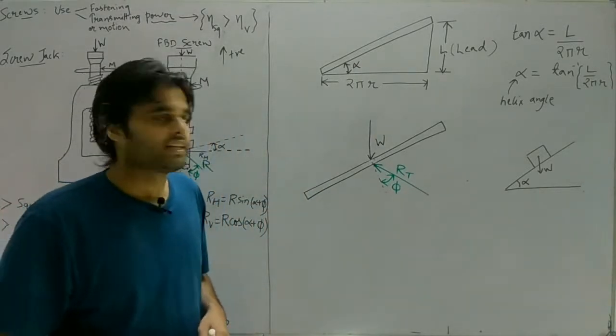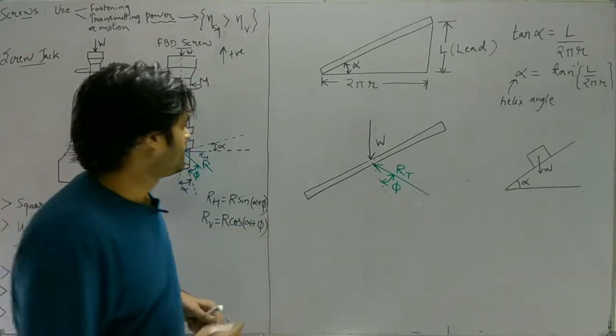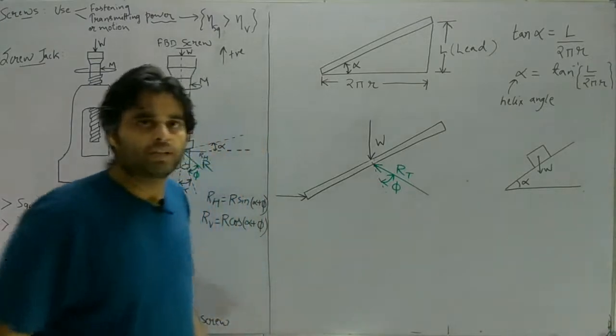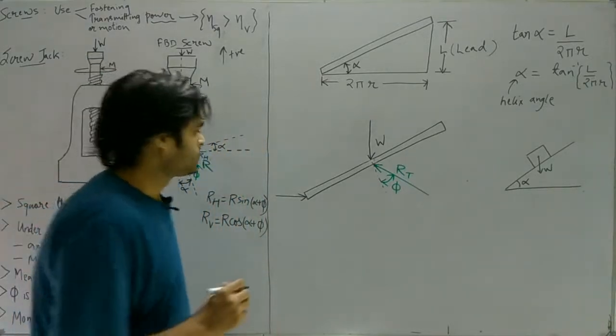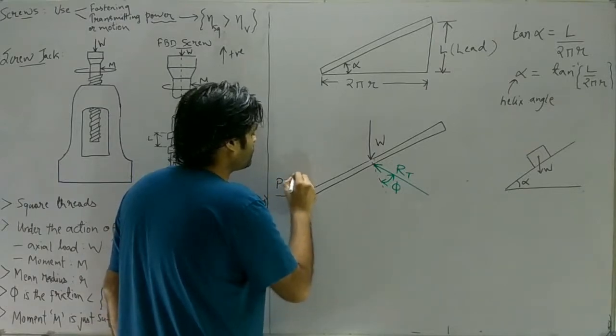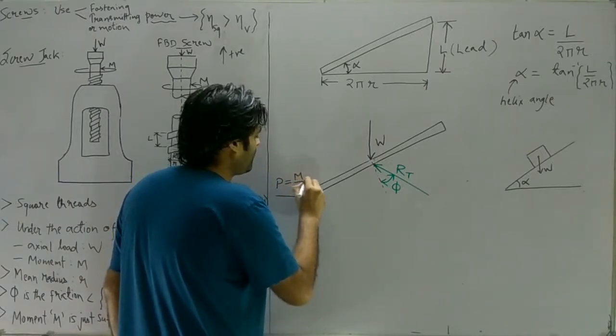And one more force is acting on this thread, that is because of the moment applied. So if this force is P, then we know its magnitude will be M by r.